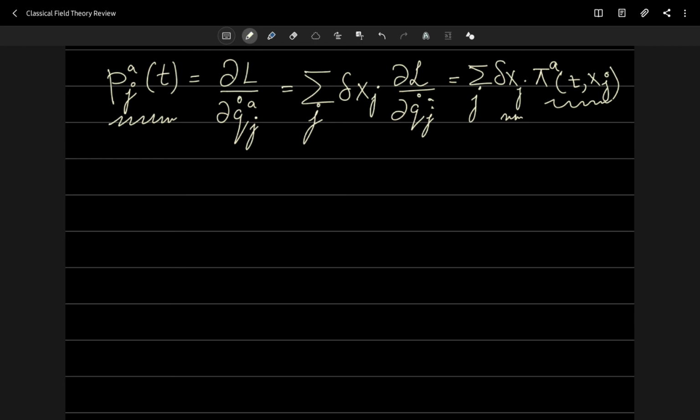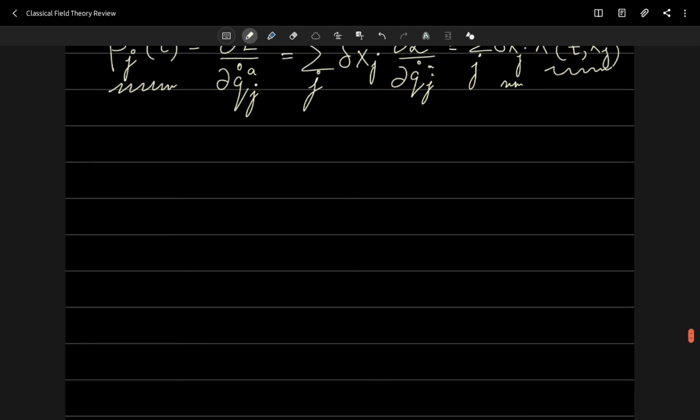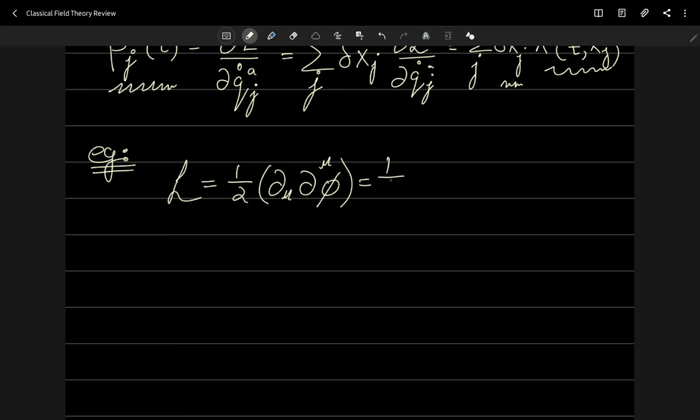For that we are going to consider the Lagrangian density, which is 1/2 partial_mu phi squared, which can be expanded into time and space parts as 1/2 the partial time derivative of phi squared minus 1/2 the spatial partial derivative of phi squared, right.